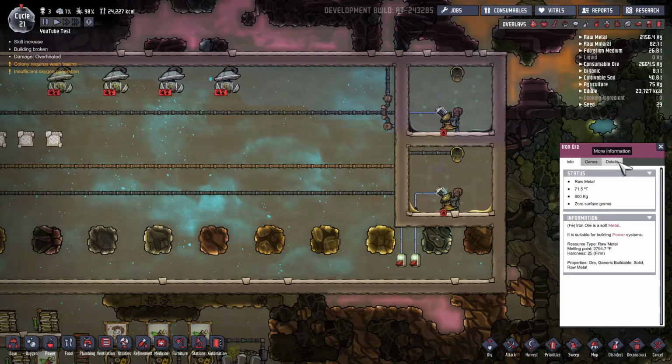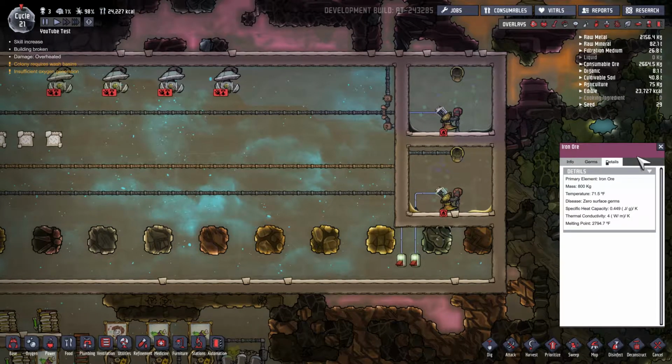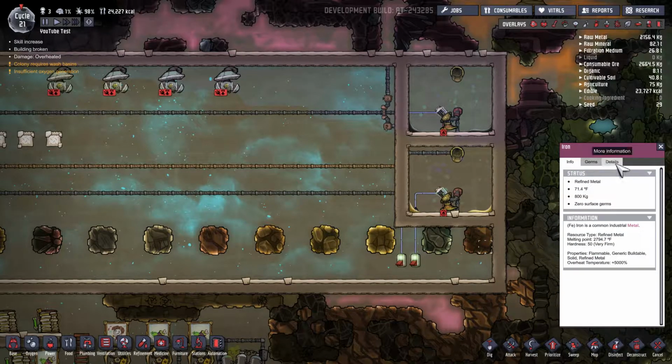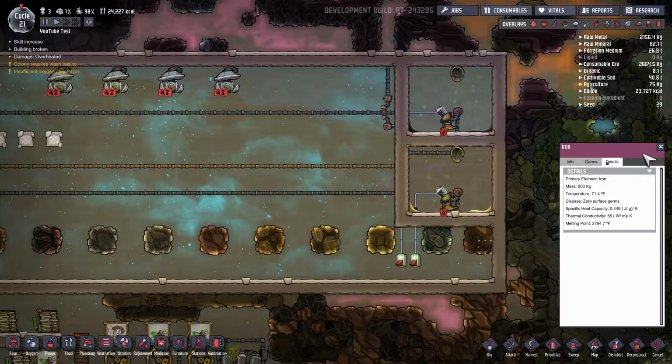Iron ore, specific heat of 0.449, thermal conductivity of 4. Iron, specific heat of 0.449, thermal conductivity of 55.